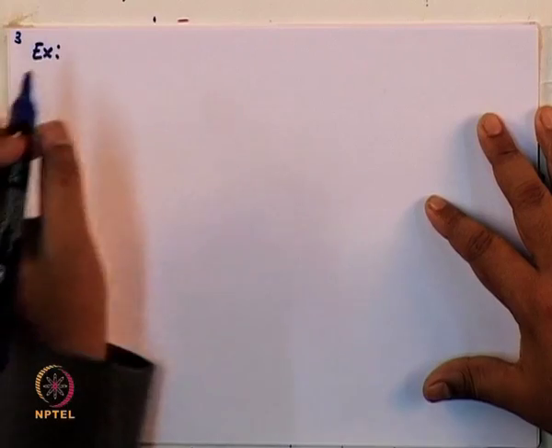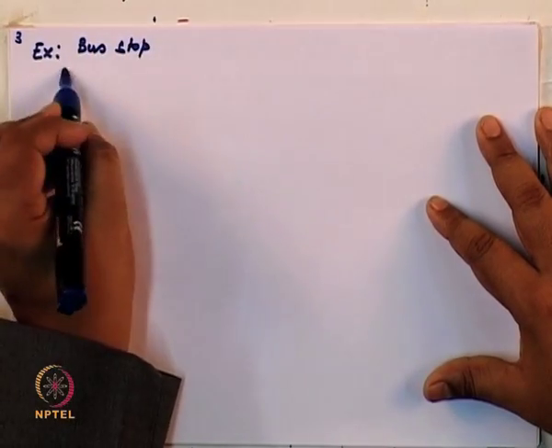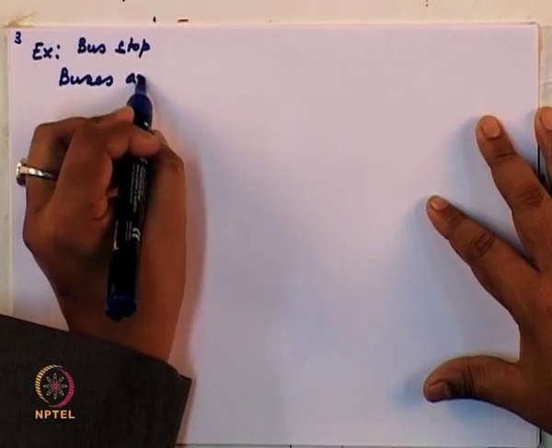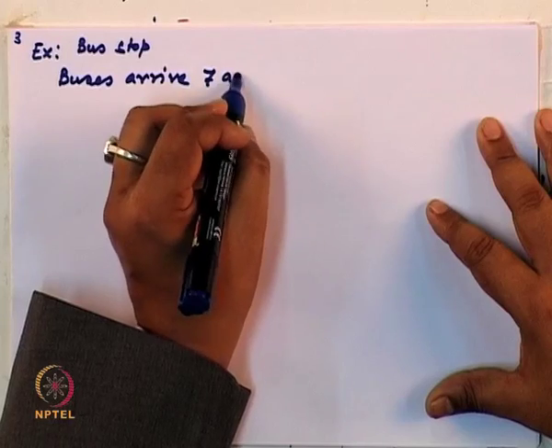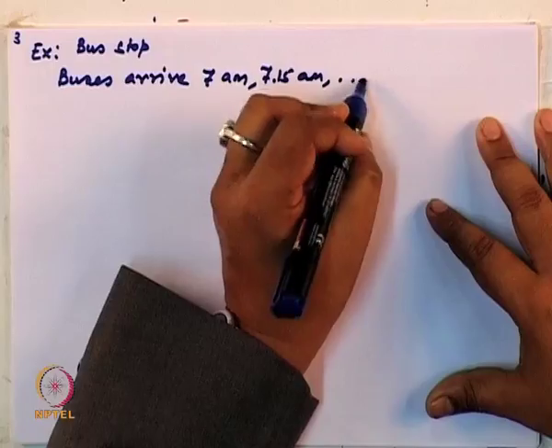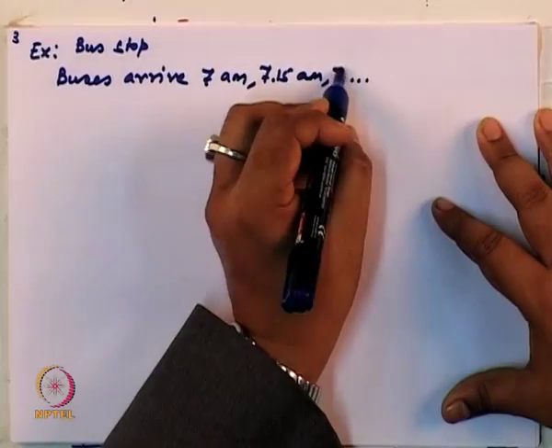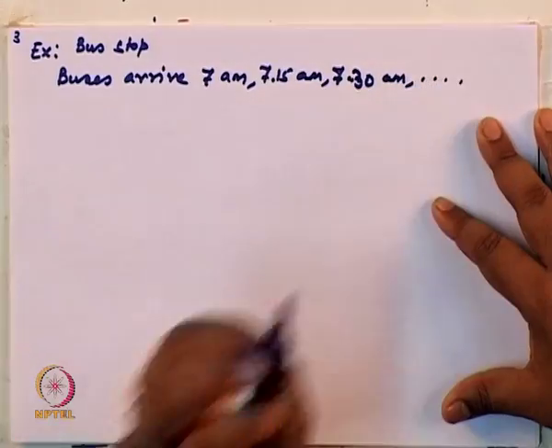Imagine at the bus stop, your buses arrive every 15 minutes. So, they arrive at 7 a.m., 7:15 a.m., 7:30 a.m. and so on and so forth.